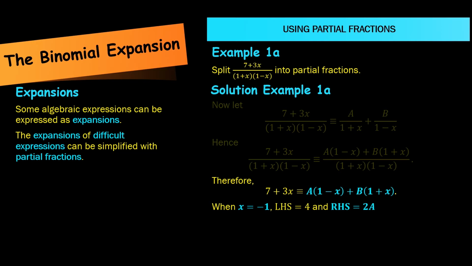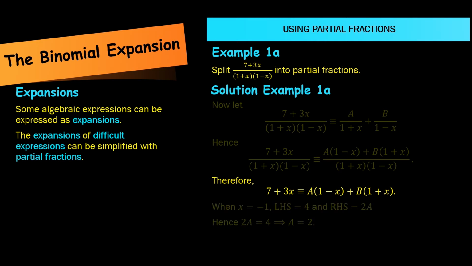This is why we plugged in x equals minus 1 in the first place, in order to make this term disappear completely, so that we're left with a on the right-hand side and a number on the left-hand side. And so we have that 2a is equal to 4, which implies that a equals 2.